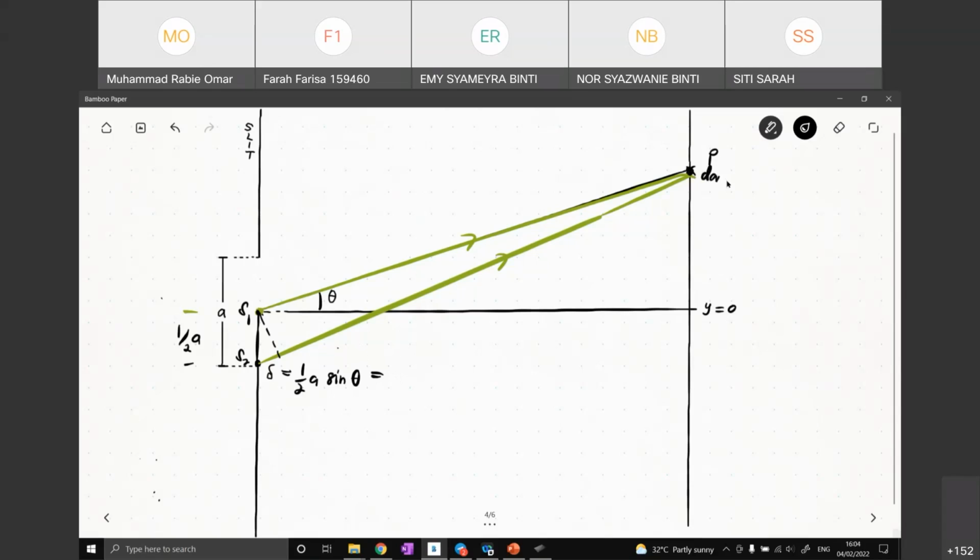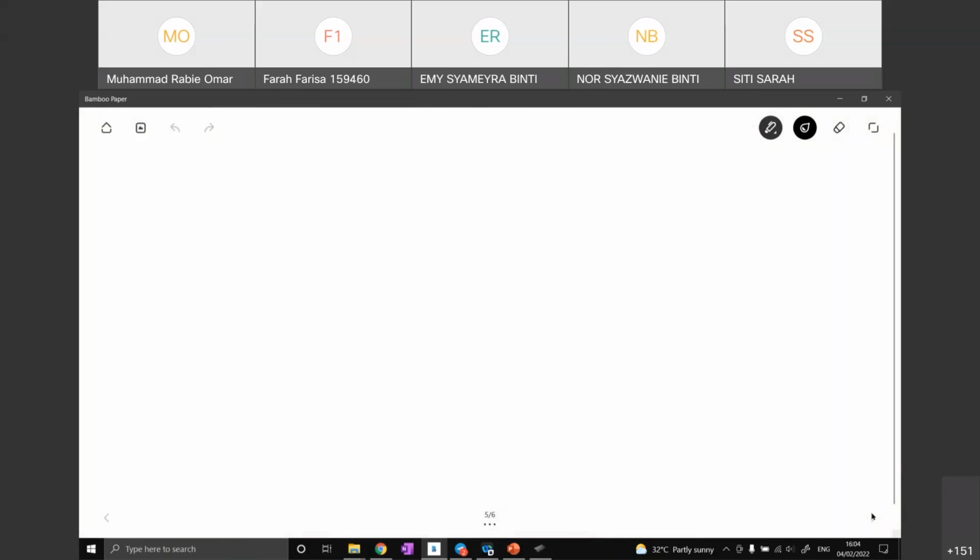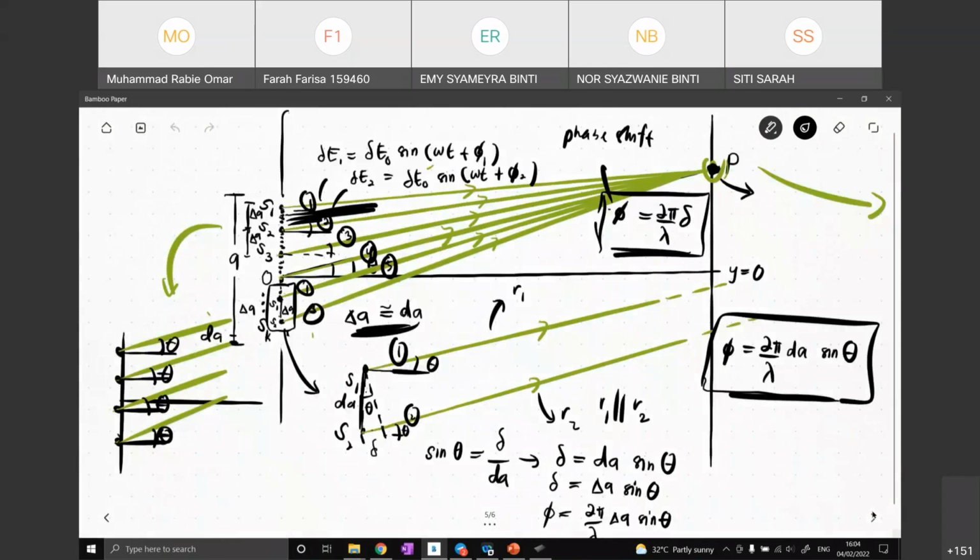Okay, let's say P is the dark position, meaning to say half of A sine theta for the dark is equals to m plus half lambda. You can have this particular equation, or you can also have the one shown to you previously. You can either use half of A, or you can also use dA.